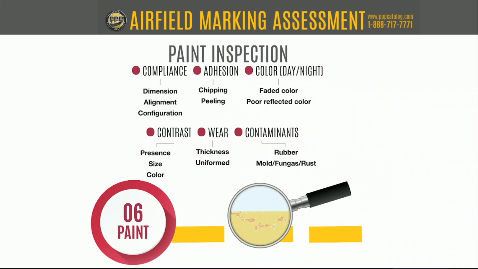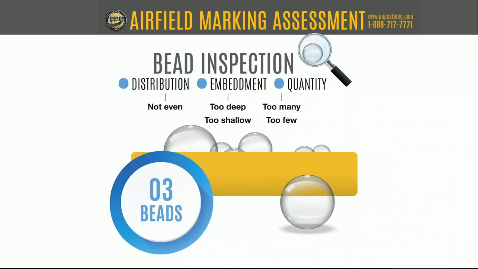All right, let's now move to beads. Mike mentioned a little bit about beads a moment ago and said we were coming to it, and this is where we are. So bead inspection. You're looking really at three things. Is it distributed properly, from edge to edge of that marking, evenly? Embedment. Is the bead too deep or too shallow? If it's too deep, it will minimize reflectivity.